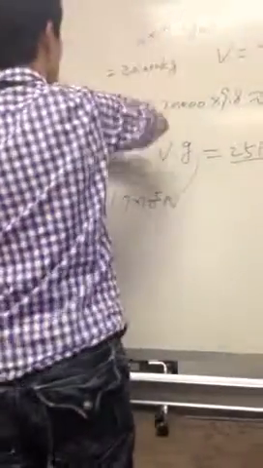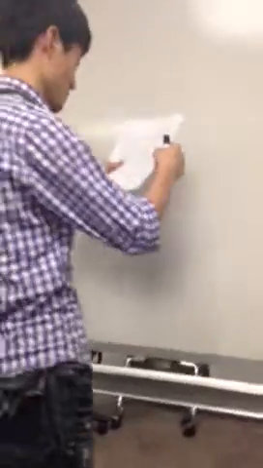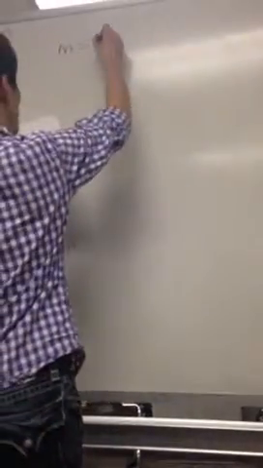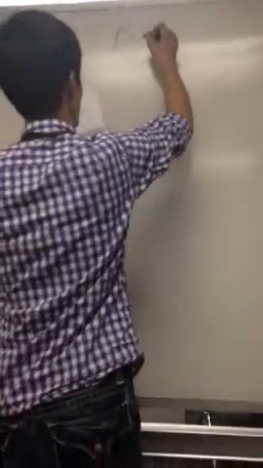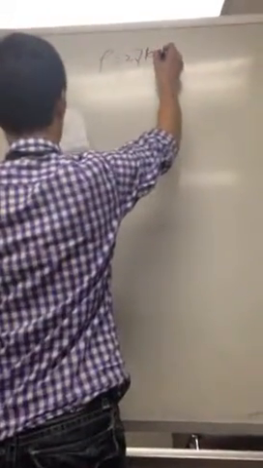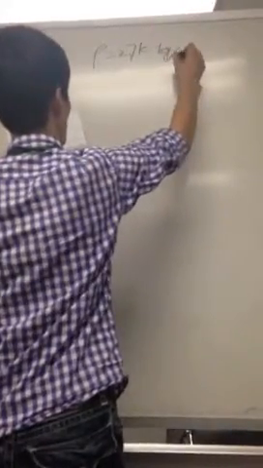Then number 9, a piece of aluminum with a mass of 1 kilogram and a density of 2,700 kilograms per cubic meter. So the mass is 1 kilogram, and the density is 2,700 kilogram per cubic meter, and then completely immersing it.